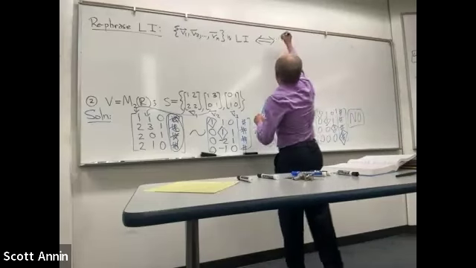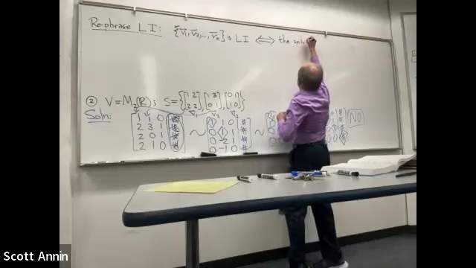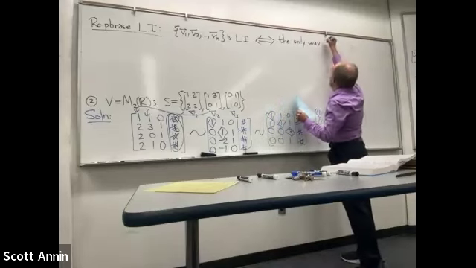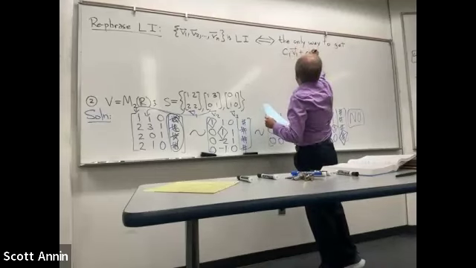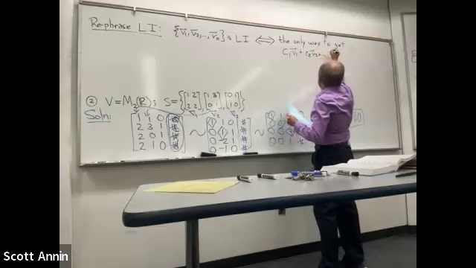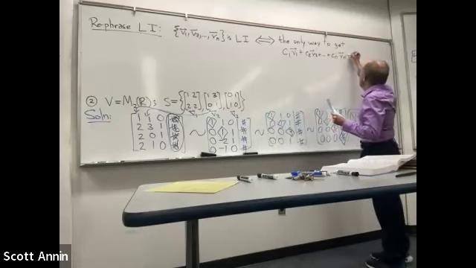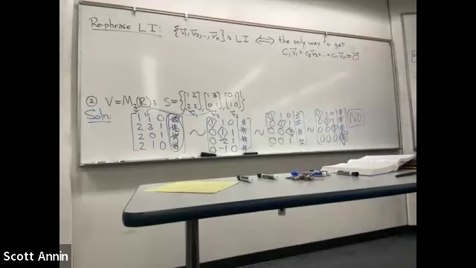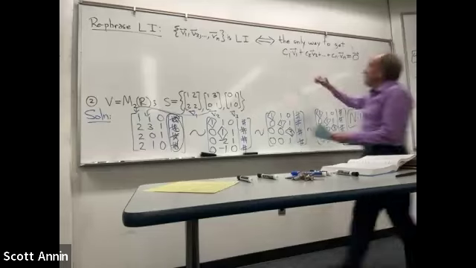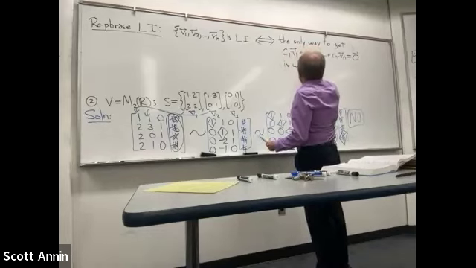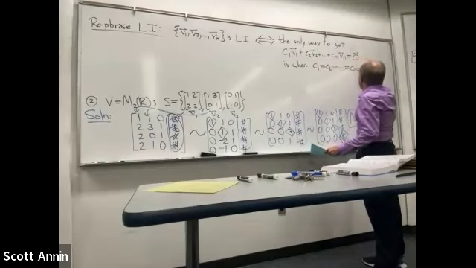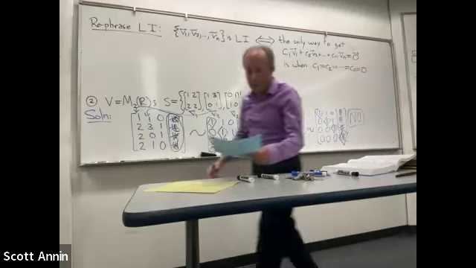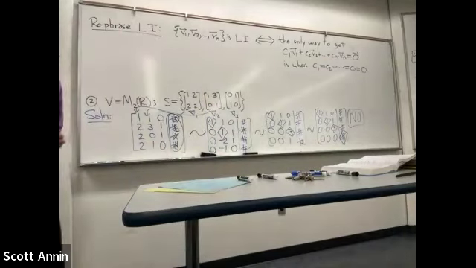In other words, the only way to get your vectors to cancel out, so C1 times V1 plus C2 times V2 and dot, dot, dot up to Cn times Vn, the only way to get your vectors to cancel out in a linear combination is when all of the constants are equal to 0. All of the constants have to be 0.